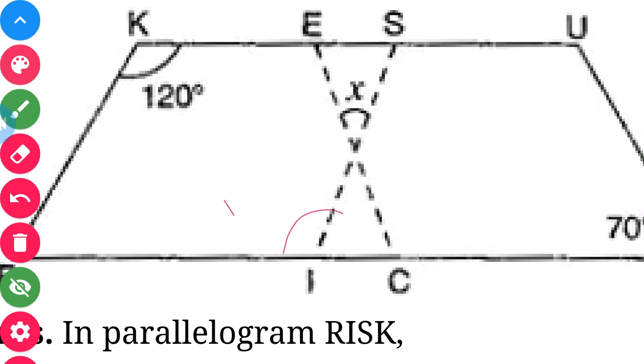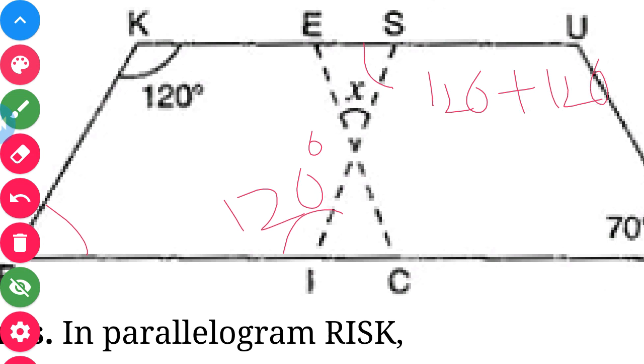Now this is 120°. I want to find my angle S and angle R, and if I look at the property, angle S and angle R are equal. Why? Because the opposite angles of a parallelogram are equal. So to use the angle sum property, let me write 120 plus 120, and the other two angles I assume as x plus x is equal to 360°.